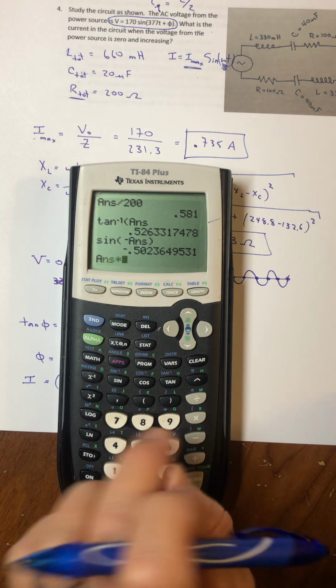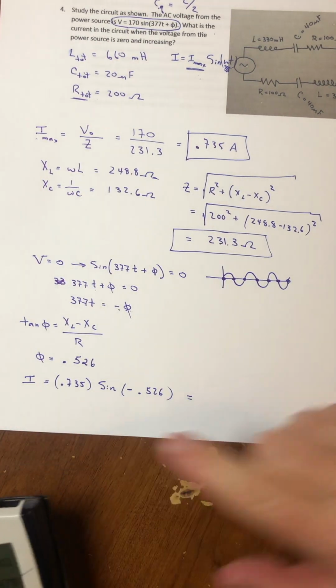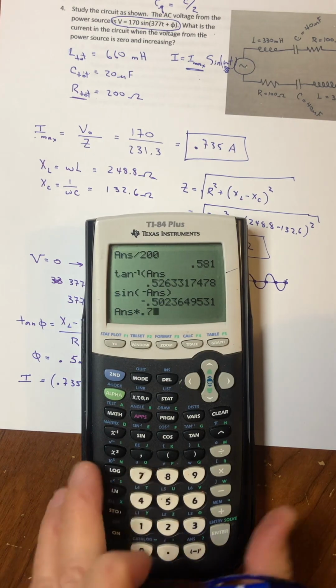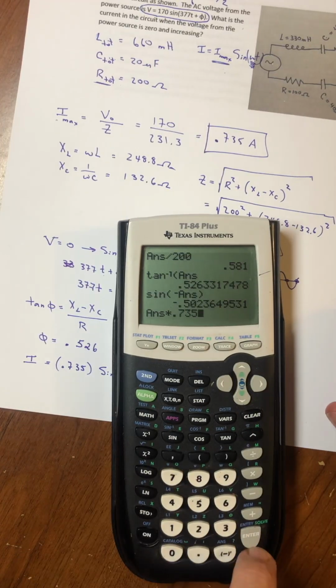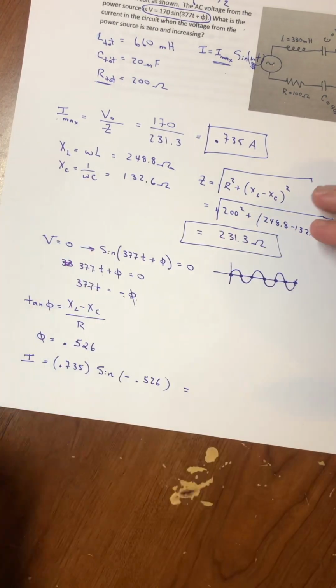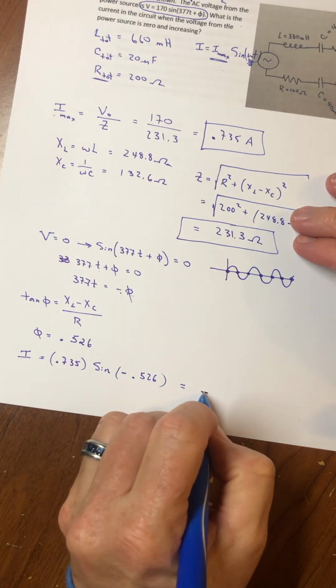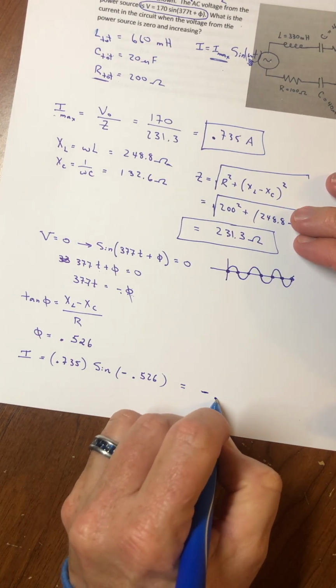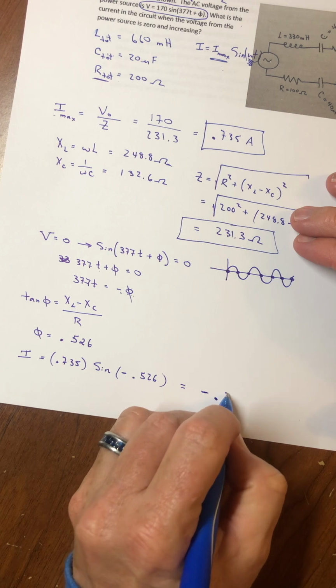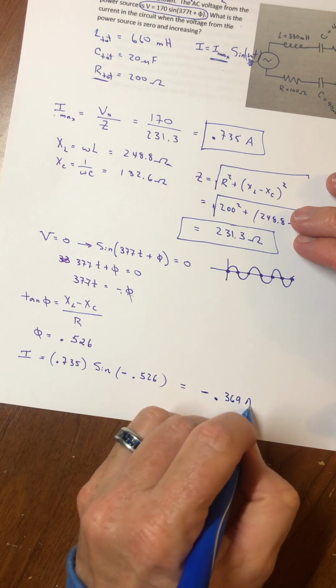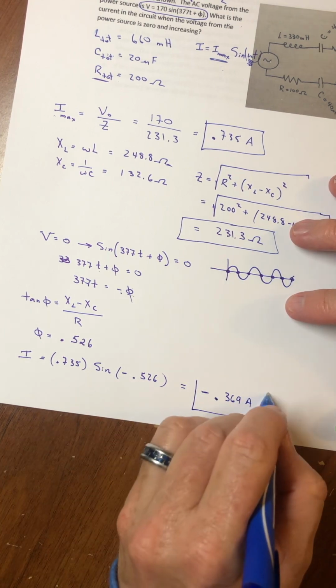Okay, good. And then, of course, times the original current, which is 0.735, gives me a current of negative 0.369 amps. Yay!